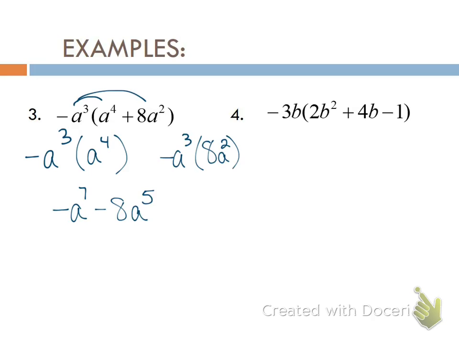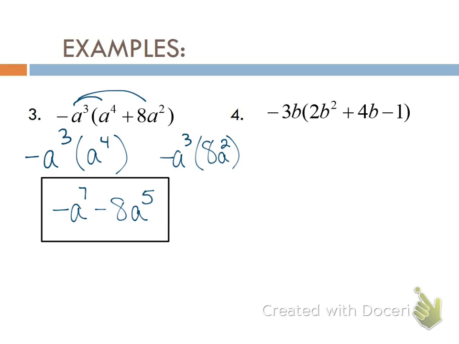Negative times a positive is a negative. We add the exponents on the a's. Do we have questions about that one? So this would be our final answer. We're good so far?